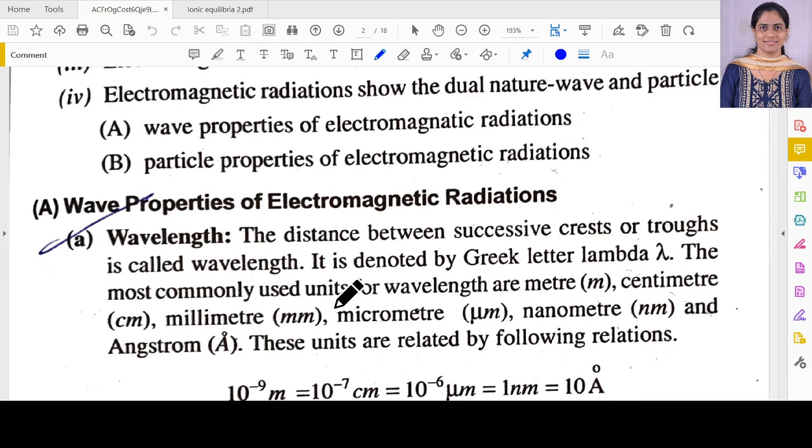Okay, so just remember it is just the distance between successive crest and trough. So if this is your wave, then you can take the distance between either crest or trough. So this will be the distance between successive crests, this is the crest, the bottom one is the trough. Okay, so that will be your wavelength of light, lambda.